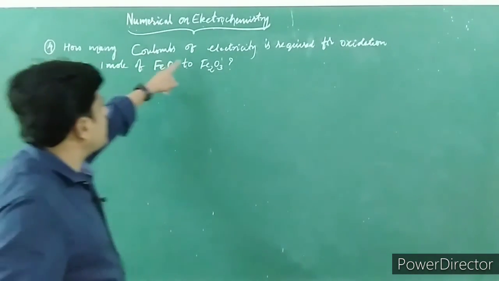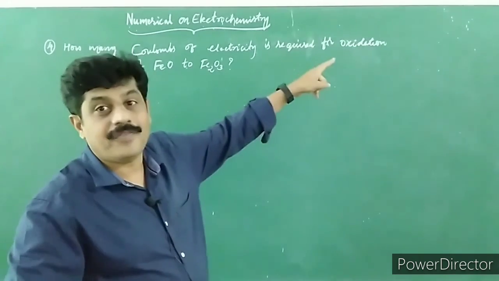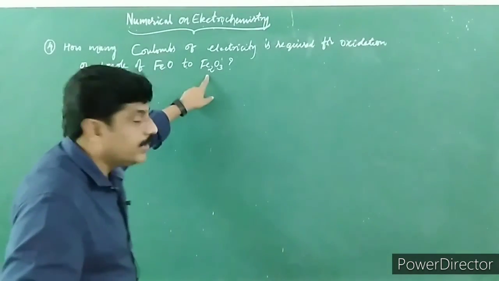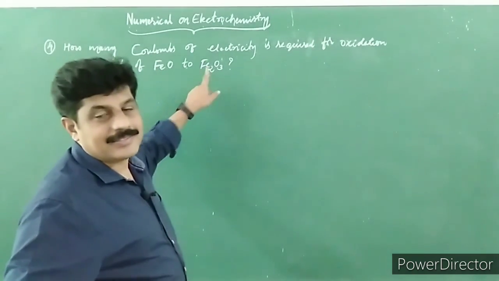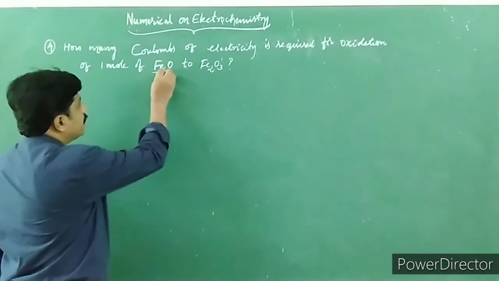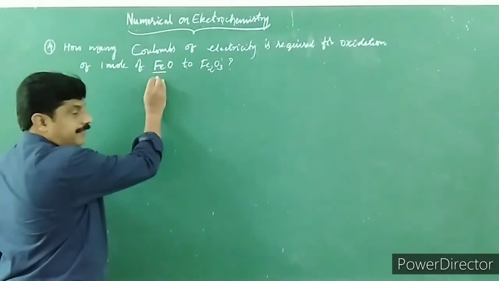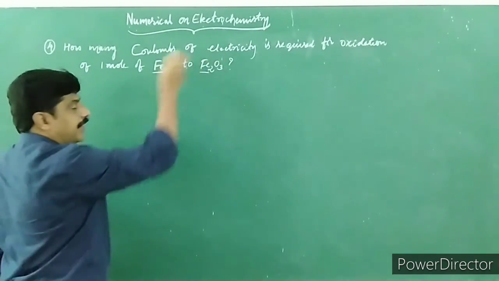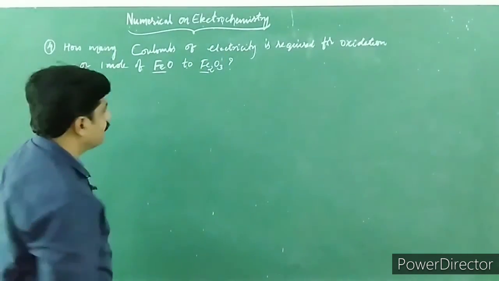How many coulombs of electricity is required for oxidation of 1 mole of FeO to Fe2O3? Children, first let us find out the oxidation number of Fe in FeO and Fe in Fe2O3.